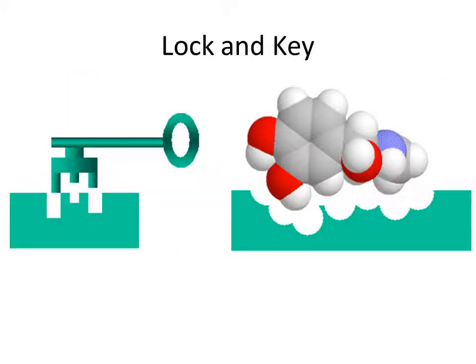So the lock and key is a specific theory that says that a substrate has to fit into the active site of an enzyme, or else the substrate won't work and the enzyme won't catalyze the reaction. So it makes a lot of sense. If you think about a key fitting into a given lock, you've got all these grooves and the key has to fit precisely.